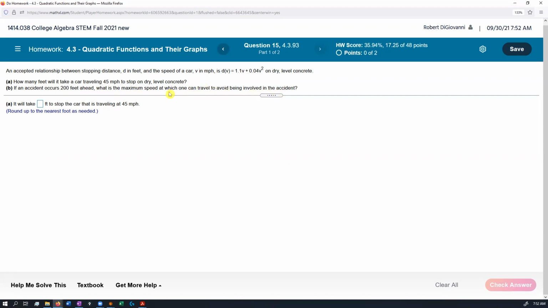I'm not going to do this, I'm just going to tell you what to do. The first question is saying, just plug 45 into this function, figure out what you get. The second question says, when would that distance be 200? And then they want you to solve for v.